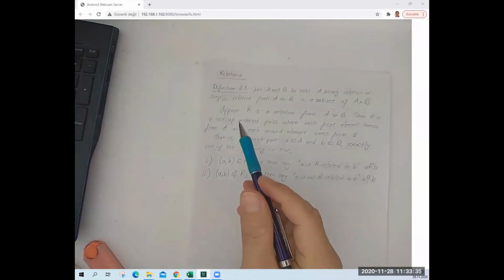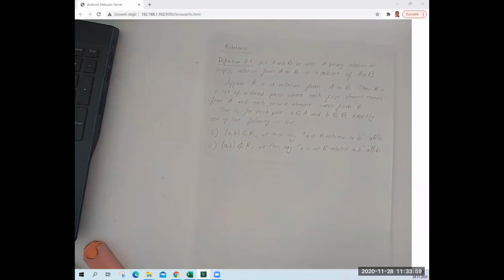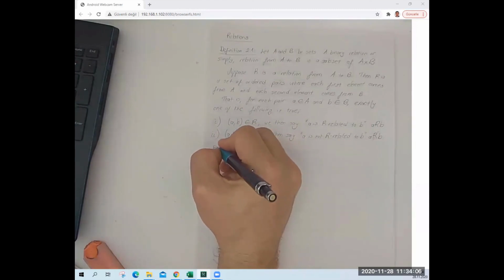But to explain the idea, product is really helpful for us. Let's continue. There is an example, easy and simple to get some idea. Let's look at the example from your book.